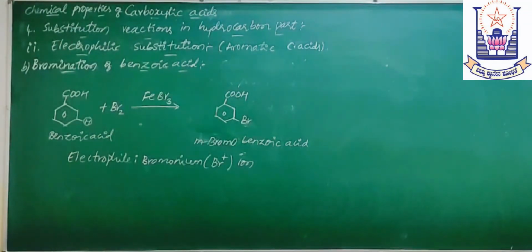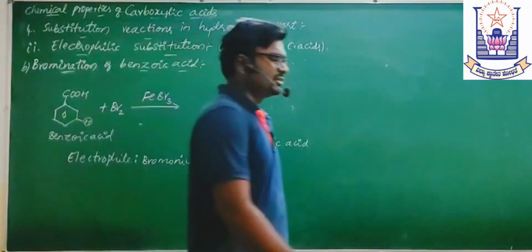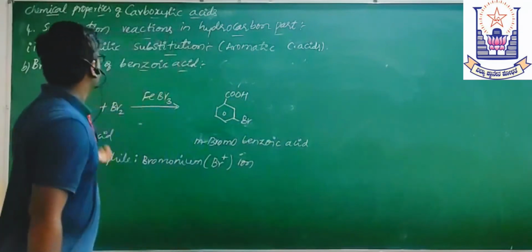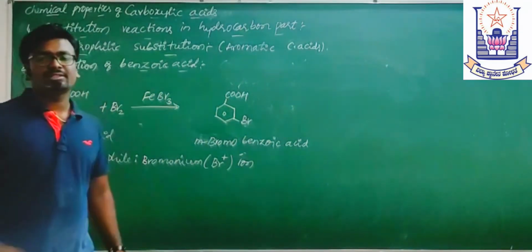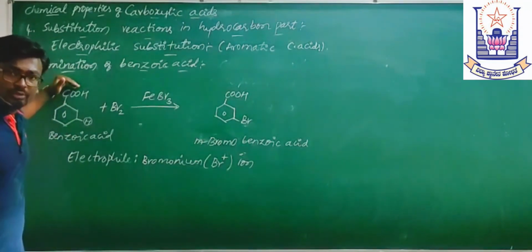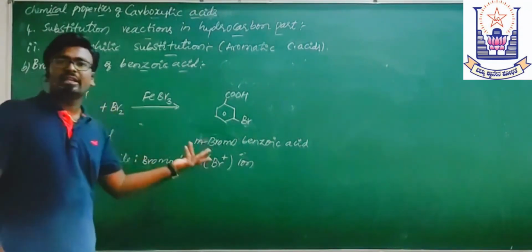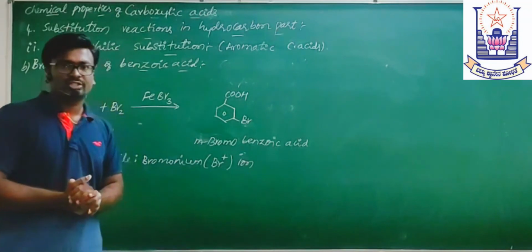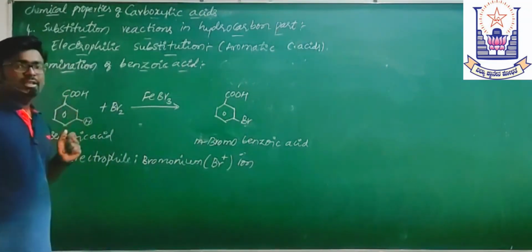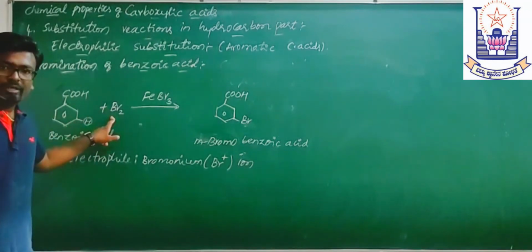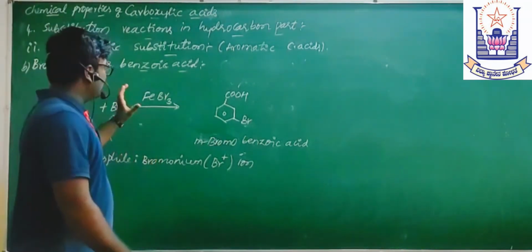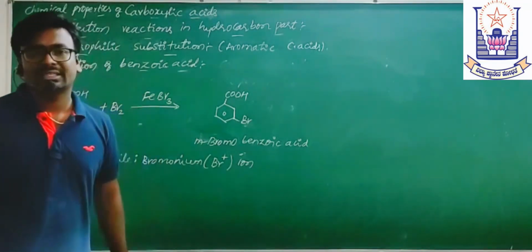Dear students, the last reaction in this carboxylic acids part is bromination of benzoic acid. You know that the carboxyl group is electron withdrawing and directs the incoming electrophile towards the meta position on the benzene ring. To conduct a bromination, we need bromine and the Lewis acid FeBr3, which also acts as a catalyst.